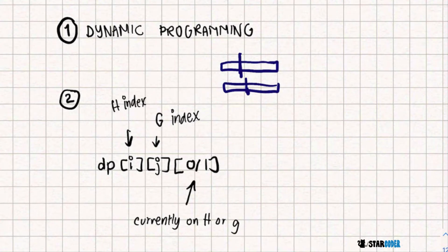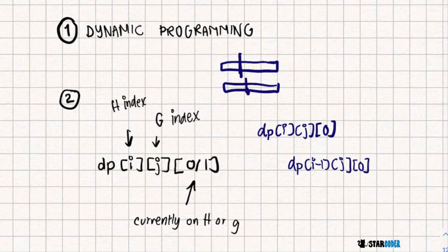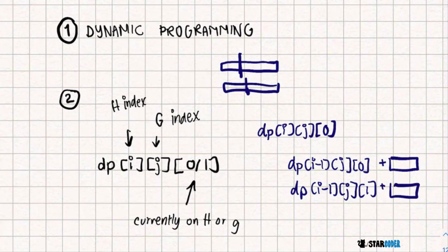For our transition, we're going to have dp[i][j][0], for the sake of this example. We're just going to make it the min of dp[i-1][j][0] or dp[i-1][j][1], and then we're going to add either the distance between the H cow and the previous H cow or the H cow and the previous G cow.